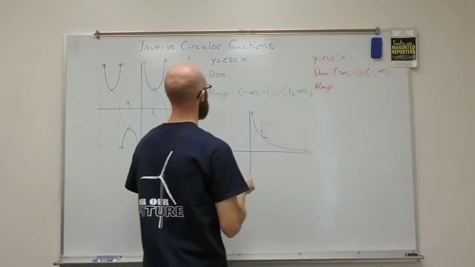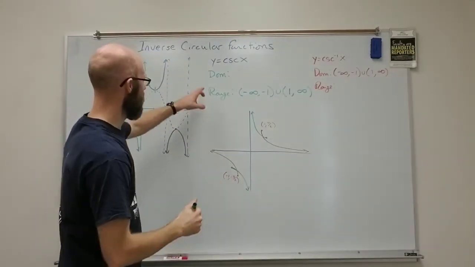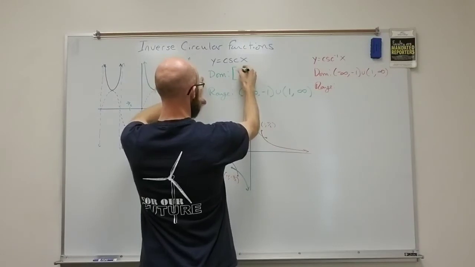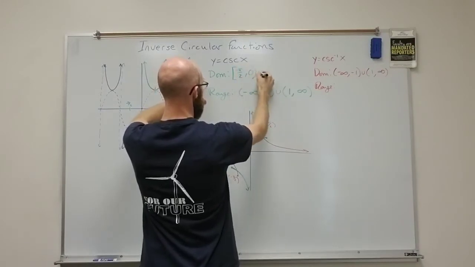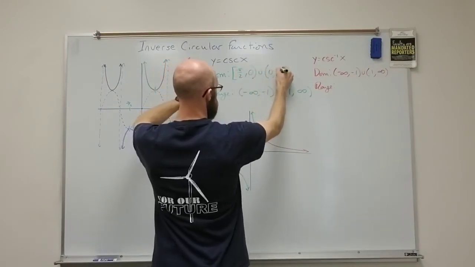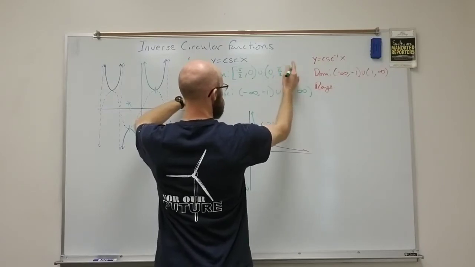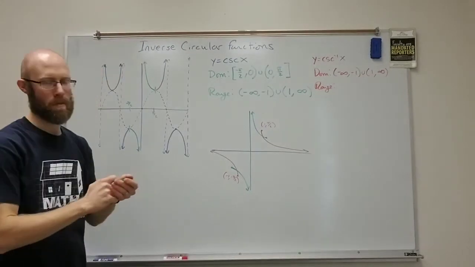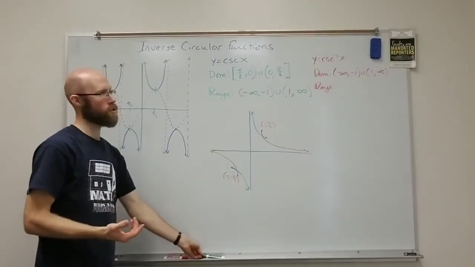Okay. So, the domain here is actually going to be from negative pi over 2 to 0, and then from 0 to pi over 2. Okay, and so that's what's going to be our range. So it's still the same 2 quadrants, right?